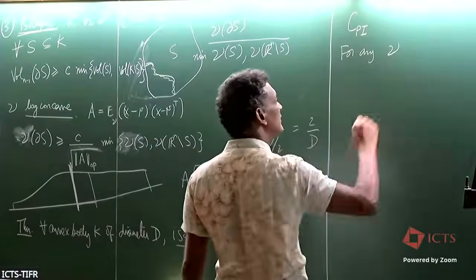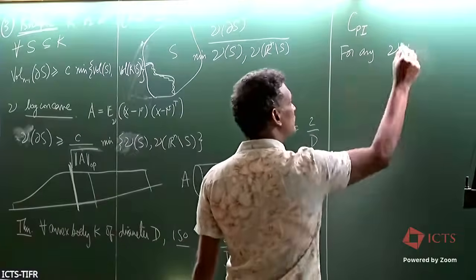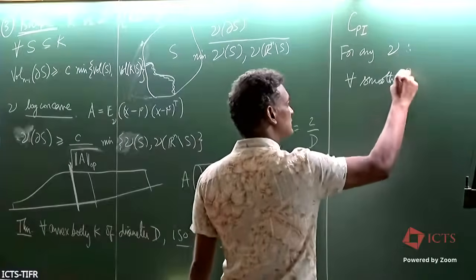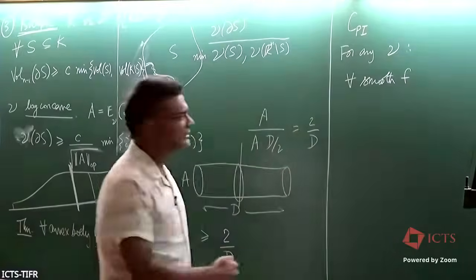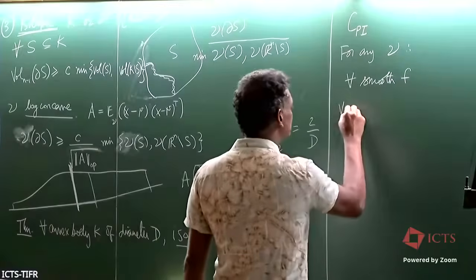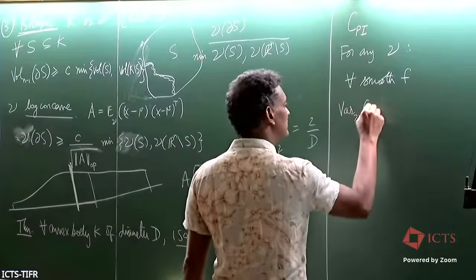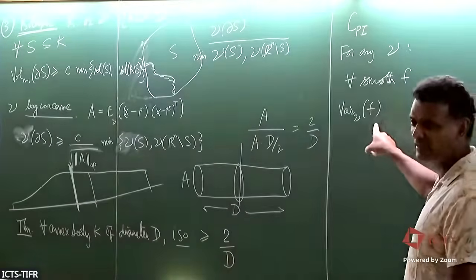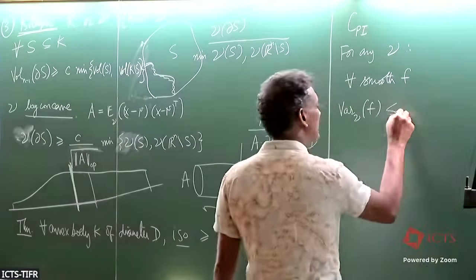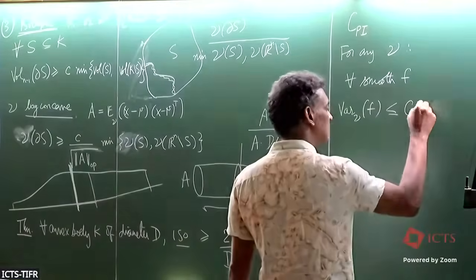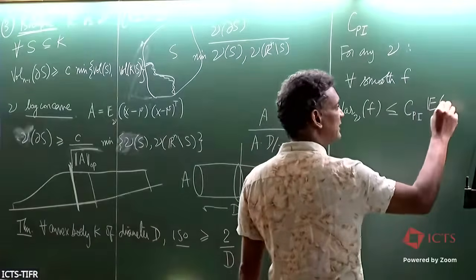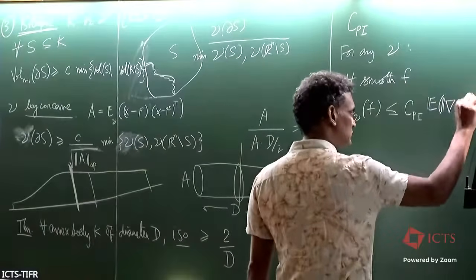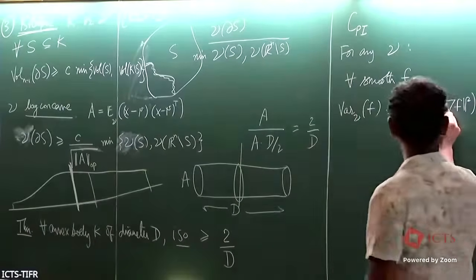For every smooth function f, so the derivatives exist, the variance under nu of f, so the expectation of f minus the average of f, squared, is bounded by this constant times the expectation of the norm of the gradient of f squared under the same nu.